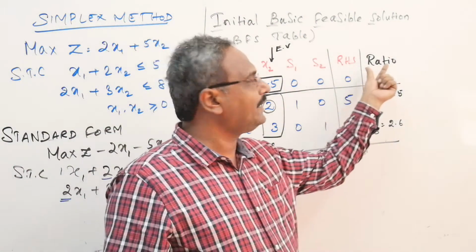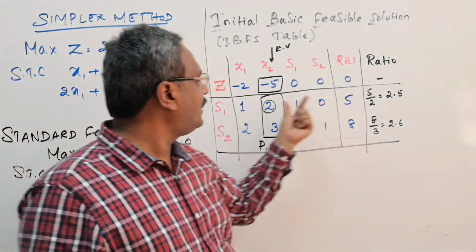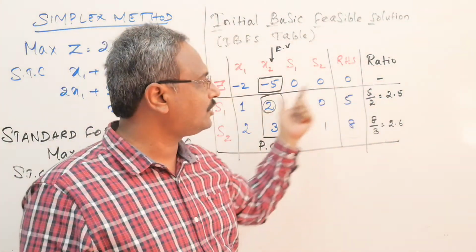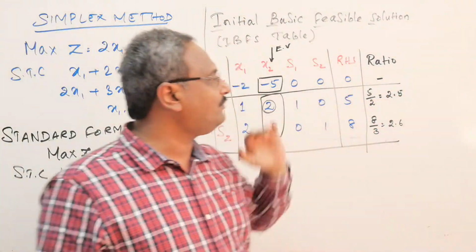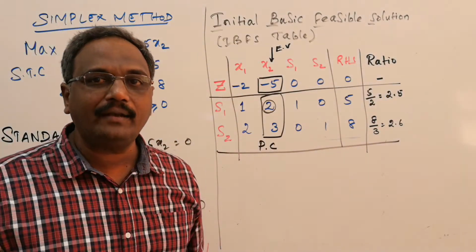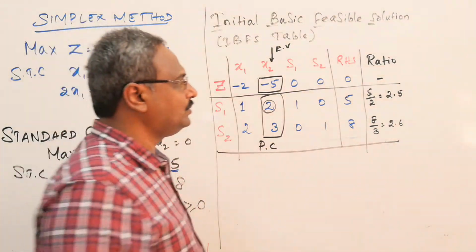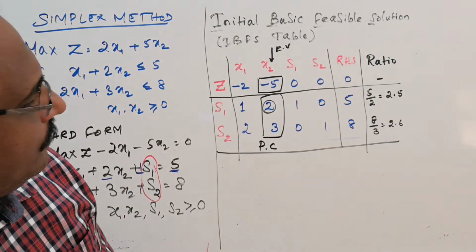Then we are going to find the ratio. To find the ratio, we are going to take the right hand side and divide by the corresponding pivotal column element. Once we find the ratio, then we are going to check for the least positive ratio.